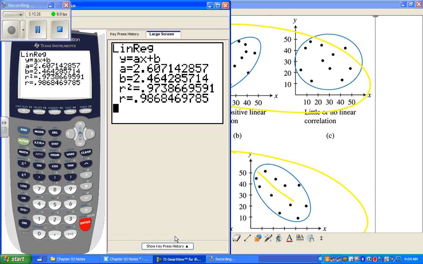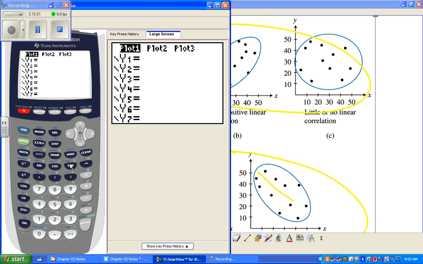So that's really close to 1, so we know that it's a positive relationship and that it's pretty strong. Up here you can see the equation of the line that it's talking about would be y equals 2.607x plus 2.464.